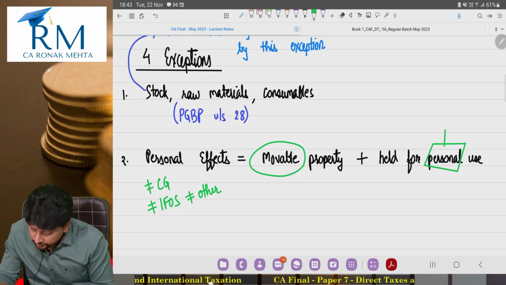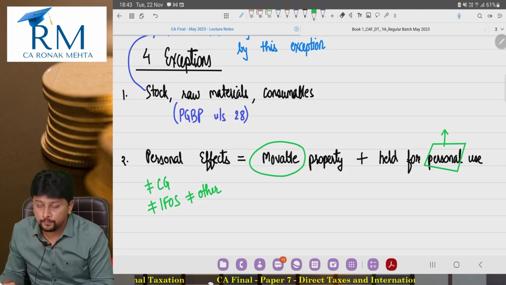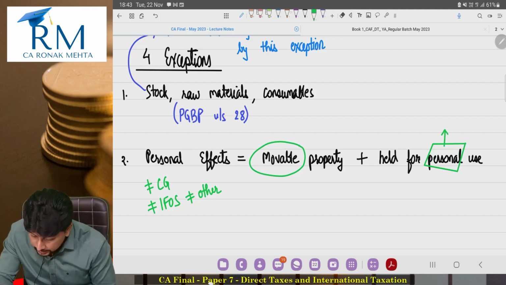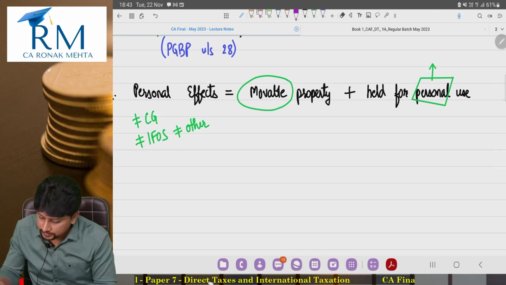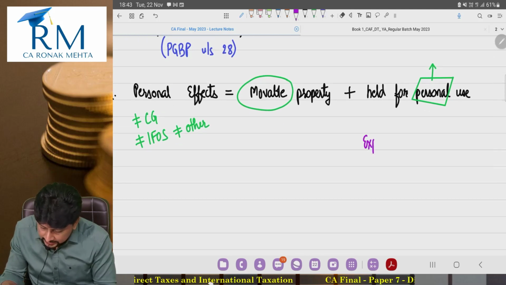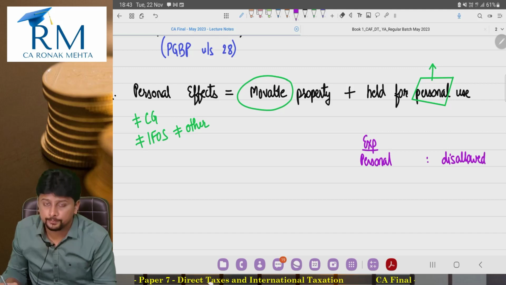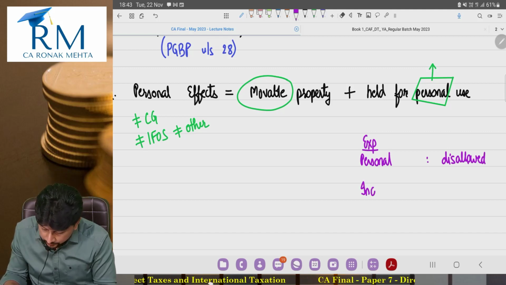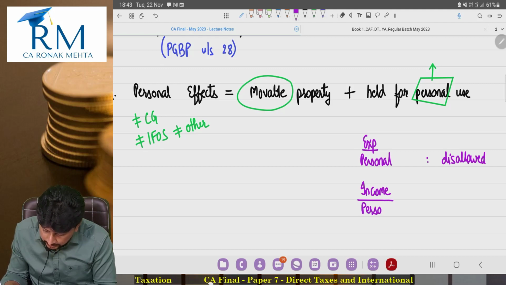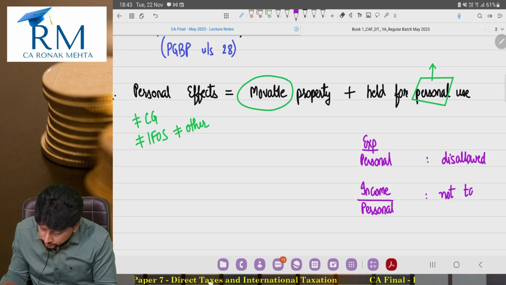If it is held for personal use, now we all know this personal concept, that when an expenditure is personal in nature, that personal expenditure is disallowed, is not allowed as a deduction, which means when expenditure is not allowed, the income will not be taxable also.